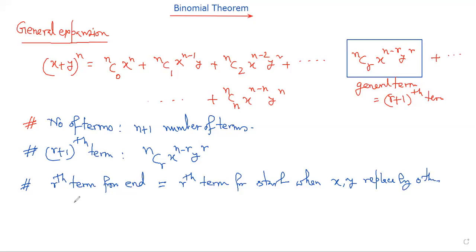Like if (x plus y) to the power n is given and the rth term from the end is required, it would be the rth term from the start of (y plus x) to the power n. This way, we can find a particular term from the end. That means replace them.